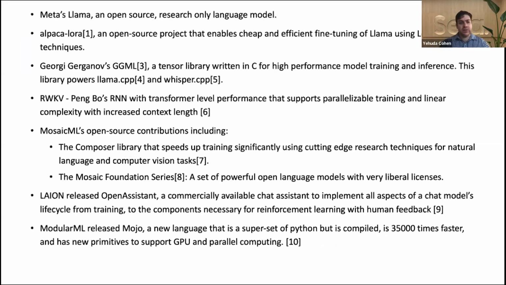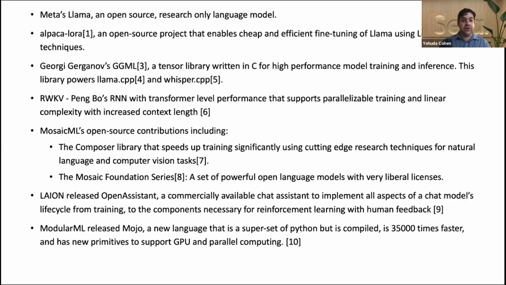Over the last 8 months or so, since the launch of ChatGPT, we've also seen a ton of open source innovations, either in terms of language models themselves. Meta released Llama. You'll see that here in my slide.